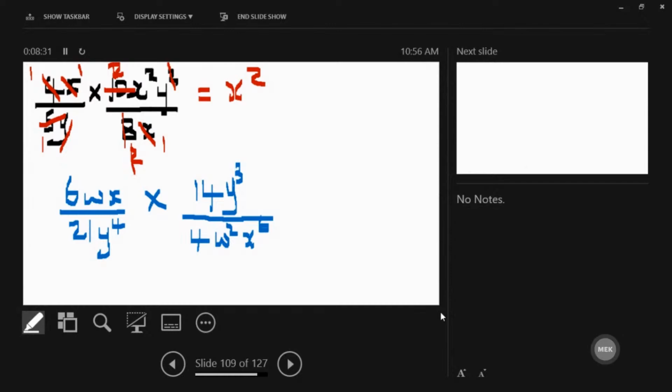Tell yourself, what would you do here? So we have 6wx over 21y to the fourth power times 14y to the third power over 4w squared x to the sixth power. So let's see what can cancel.